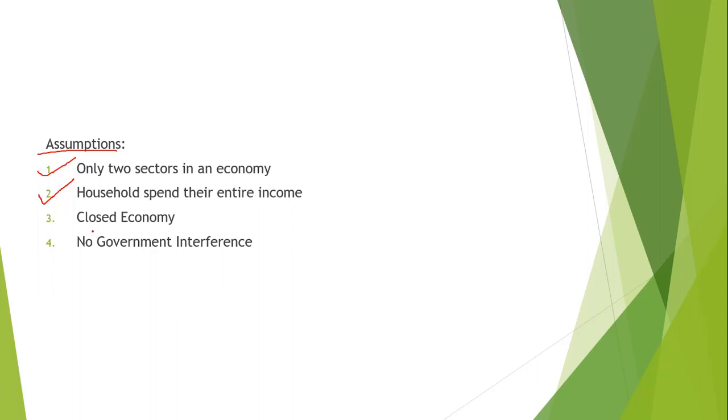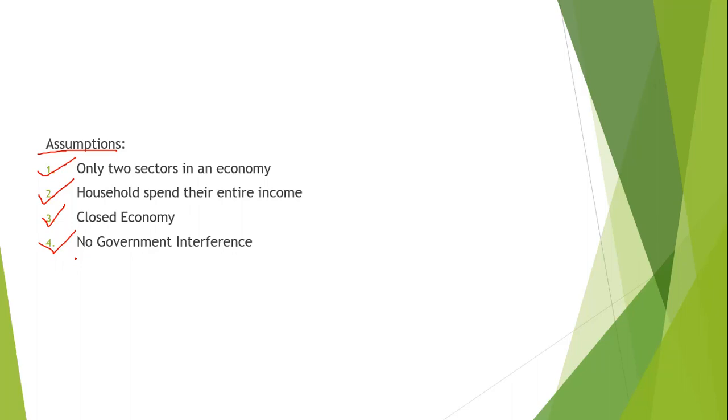Then the closed economy part: no foreign government or foreign company should interfere in the working, or they should not export any type of good to our country, and we also shouldn't export any type of good to their country. This will absolutely be a closed economy, and the government cannot interfere.